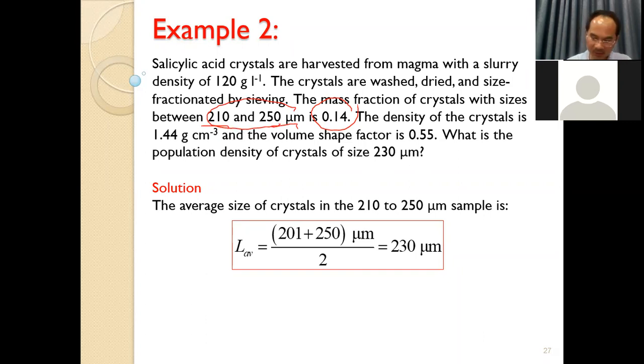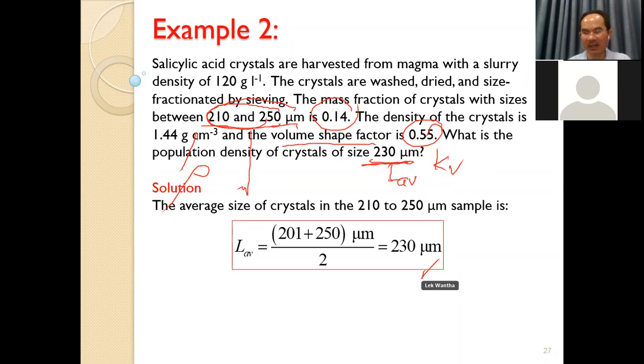The density of crystal is 1.44 grams per cubic centimeter, and we also know the volume shape factor kV. The question is, what is the population density of the size of 230? This is the average length, between these two sizes.